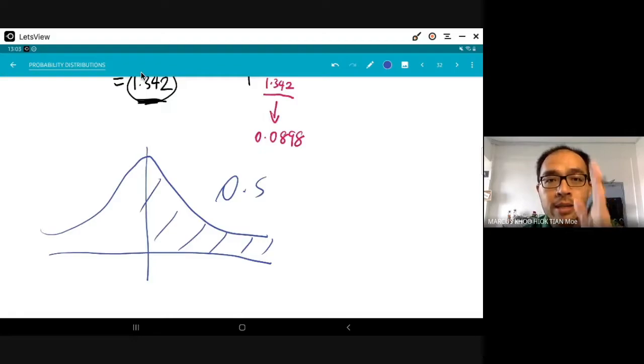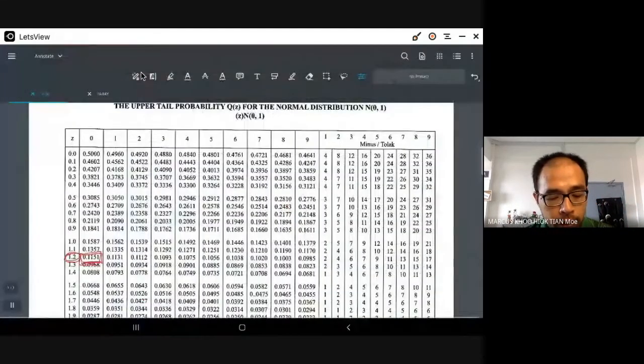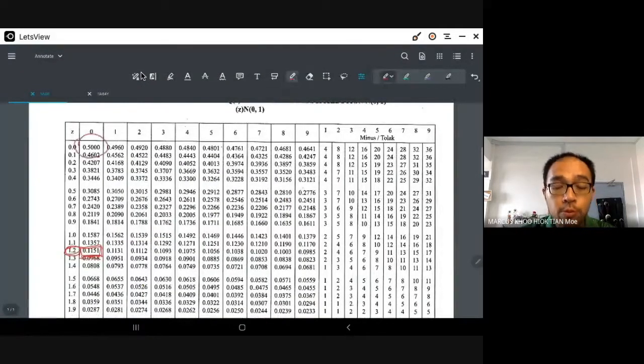The mean divides the probability into 2 equal parts, 0.5 and 0.5. Our table is limited to 0.5 maximum. It can only calculate one side, either the right side or the left side. It cannot do both sides, because it's a one page table. If you want to do both sides, you can, but it would be very long. You can only do one side, so we have to take the extra step to count the one more side.